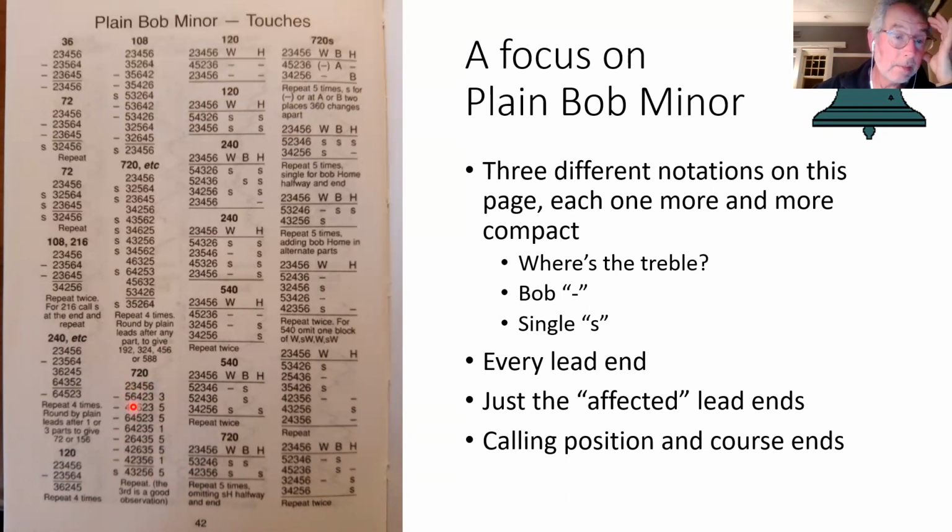And then I think in the diary there's another way of showing the coursing order rather than the course ends. The same thing being presented, just a different way. Perhaps more for peals.